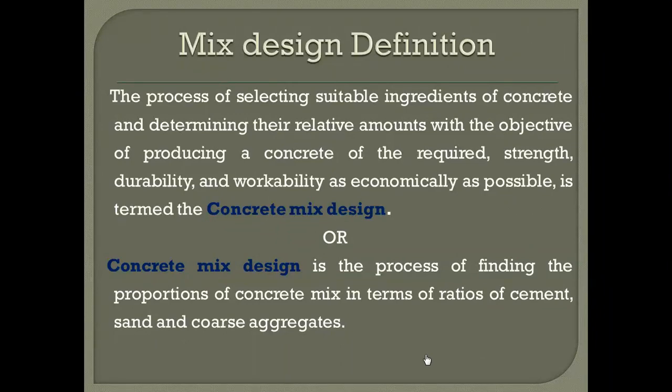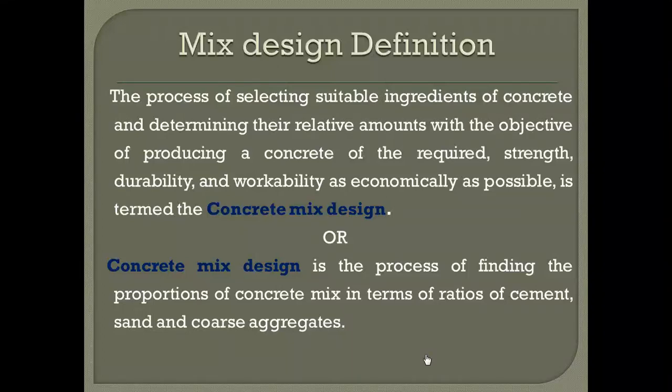You can write either of these two definitions, but in my view, if you write the first definition, it will be better because that is the IS code definition. The IS code definition says it is a process of selecting suitable ingredients of concrete and determining their relative amounts. That is, we do the mix design in order to find the mix proportion of all the materials.